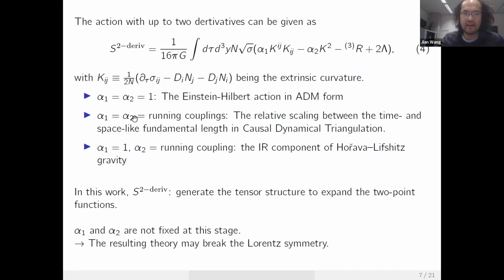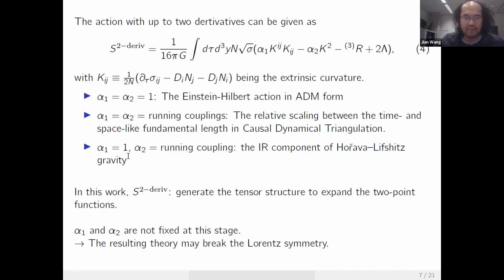So this coupling just gives the relative scaling between those two directions. Another one is that we can also set alpha 1 to be 1 and regard alpha 2 as a running coupling. In fact, this case is exactly the same as the infrared component of Hořava gravity.